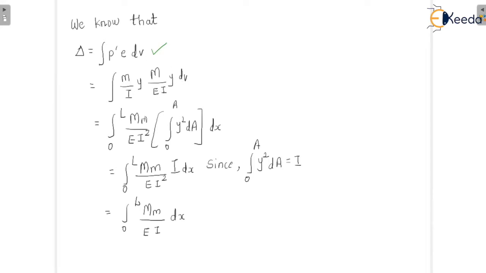Taking small m and capital M outside, with EI squared, inside the bracket remains y square dA, which is nothing but the moment of inertia I. So m into M by EI squared into I dx. The I cancels, and we can rewrite it as m into M by EI dx.